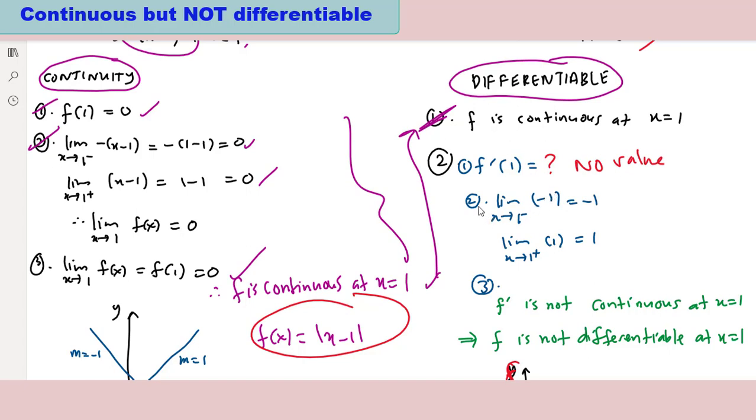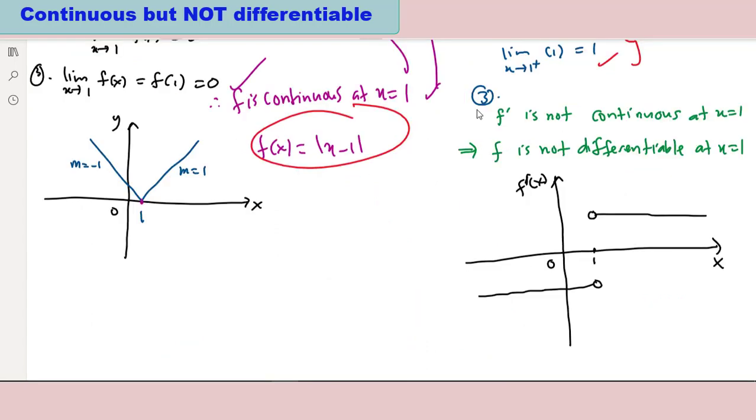Let's say if you want to follow the second step, the limit as x approaches 1 from the left is negative 1, and the limit when x approaches 1 from the right is 1. So these are not equal, and the limit as x approaches 1 does not exist. For the third step, f prime of x is not continuous at x equals 1.